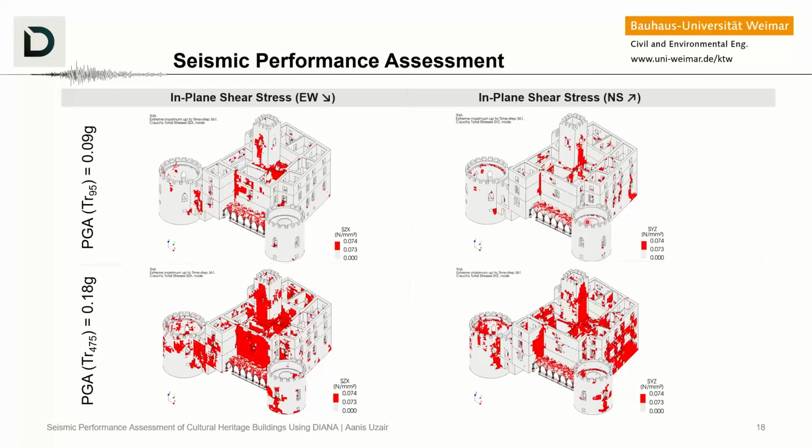Now, from the in-plane shear stresses, you see the orientation of the stresses depends on which component of stress we are looking at. And you would see for the 100-year earthquake, the stresses are mostly located on the areas which are close to the tower, which is understandable because of the crack opening due to the tensile loss of strength.